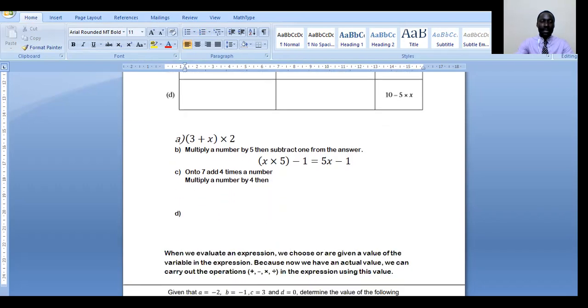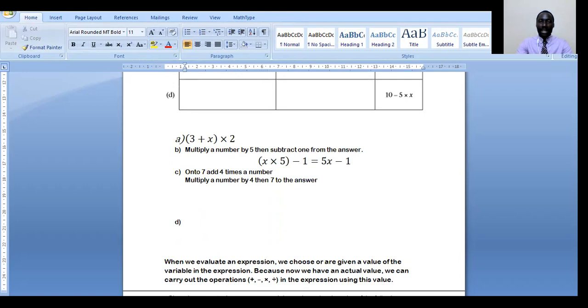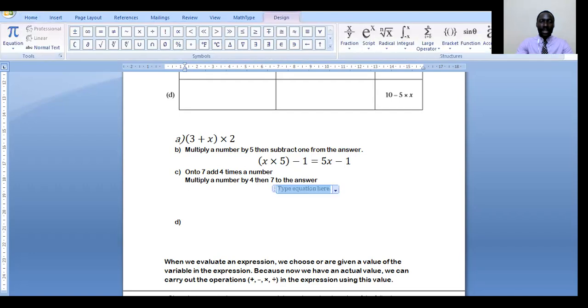Then add 7 to the answer. And mathematically, that can be written as 4 times a number, then onto it we add 7.